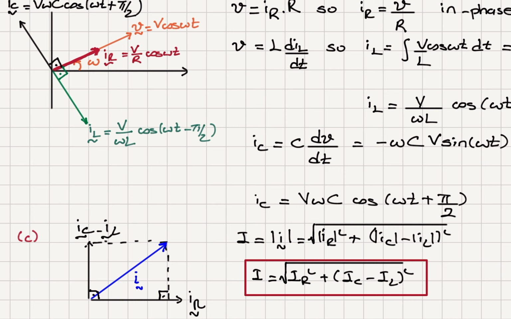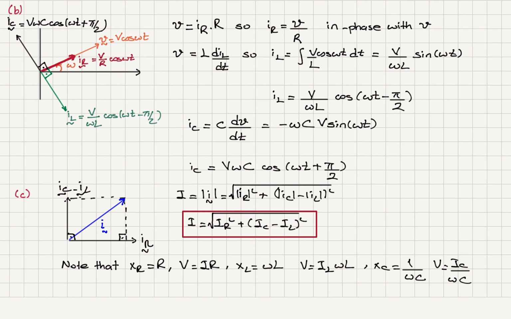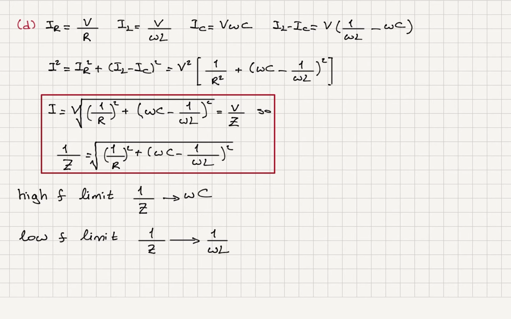And the magnitude of the total current will be the hypotenuse of this triangle, square root of I_R squared plus (I_C minus I_L) squared. And now I recognize that the current amplitude is V over R for the resistor, V over omega L for the inductor, and V omega C for the capacitor, because capacitive reactance is 1 over omega C, inductive reactance is omega L, and for the resistor it's resistance.